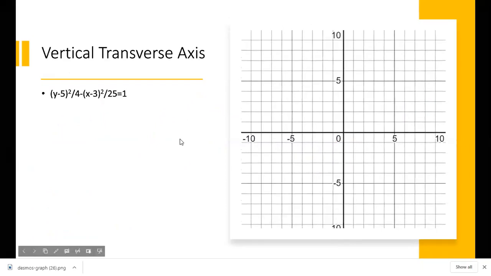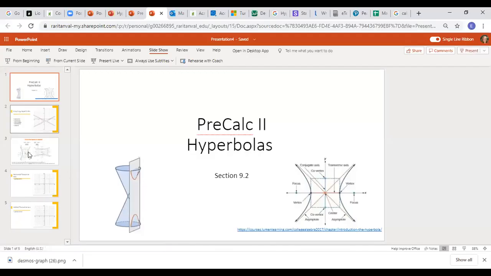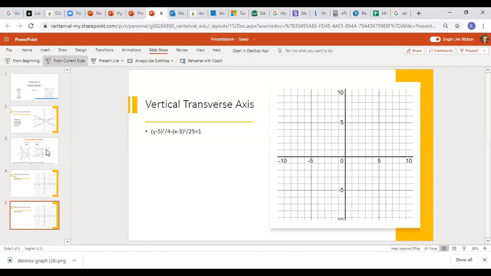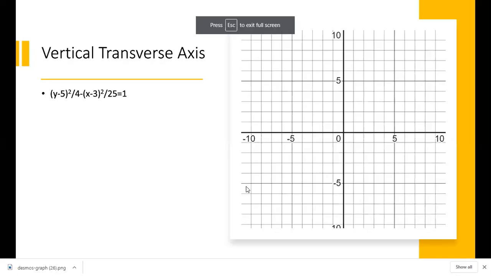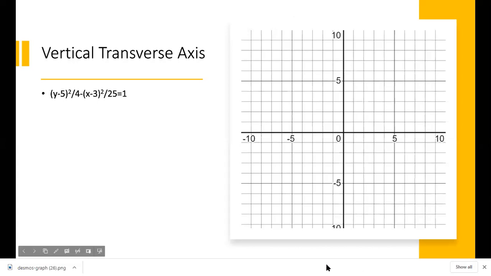So this one's going to have a vertical transverse axis. We have a vertical transverse axis in this example.